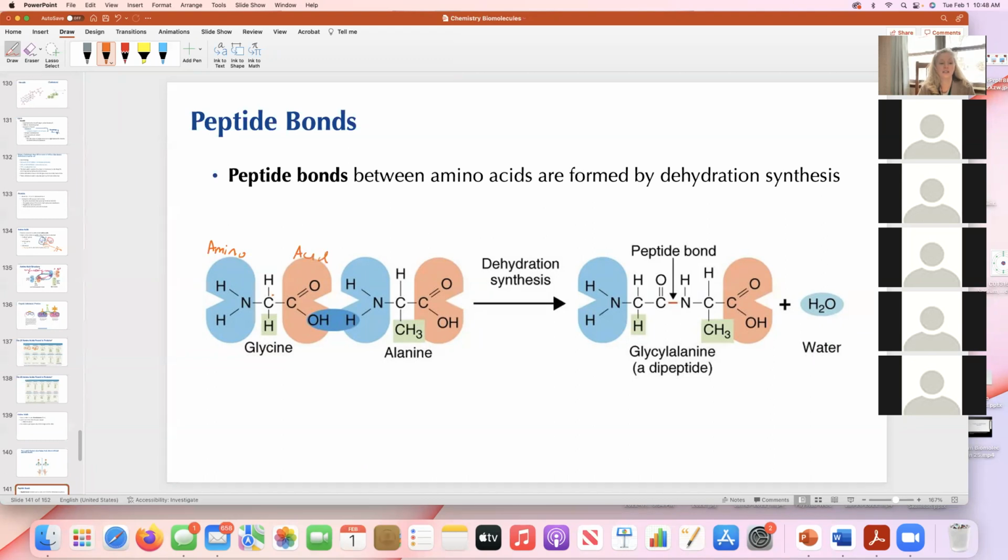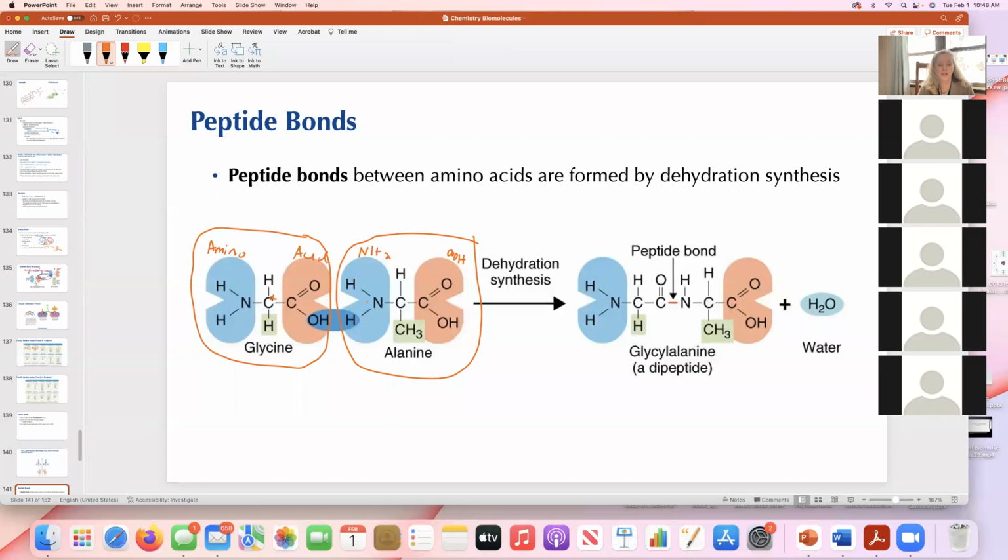This is the alpha carbon in the center. All right, we're going to have one amino acid right here, glycine, interact with this amino acid, alanine. Here is its COOH or acid group, and here is its amino group, right?